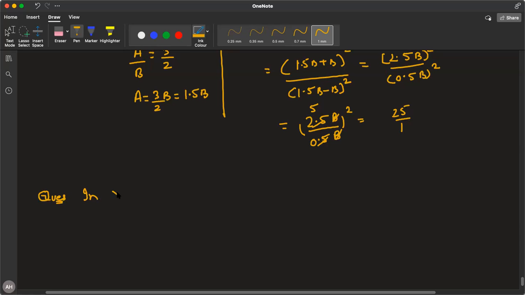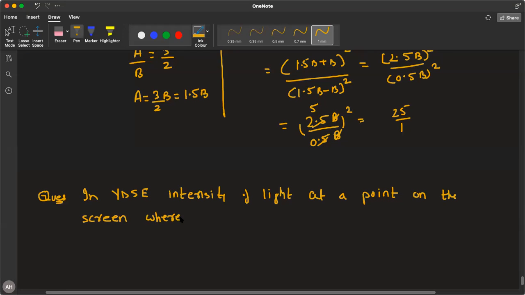In Young's double slit experiment, the intensity of light at a point on the screen where path difference is lambda is K units.